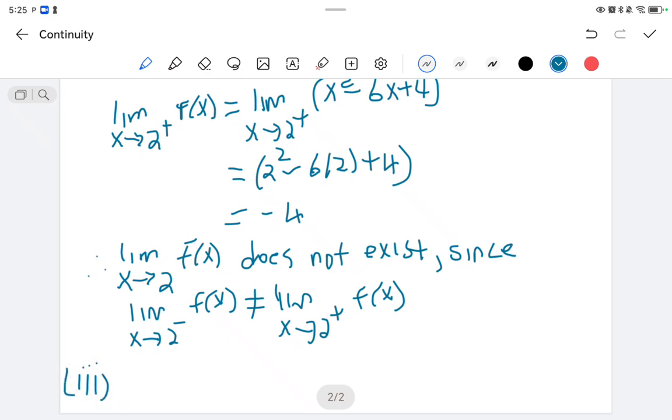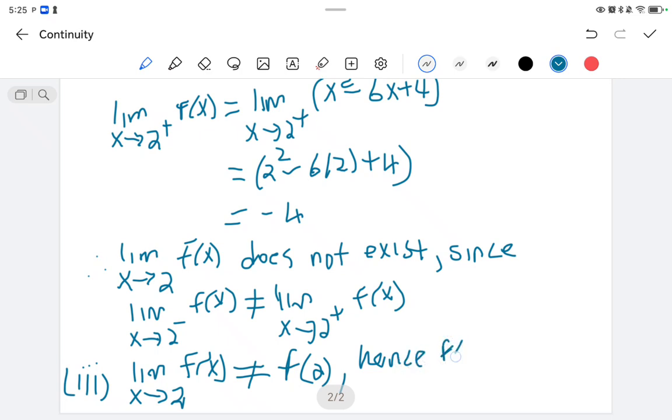Given that the limit does not exist, the limit of f of x as x approaches 2 cannot be equal to f of 2. You see, right. Hence, f of x is not continuous at x equals 2. We say that it is not continuous there.